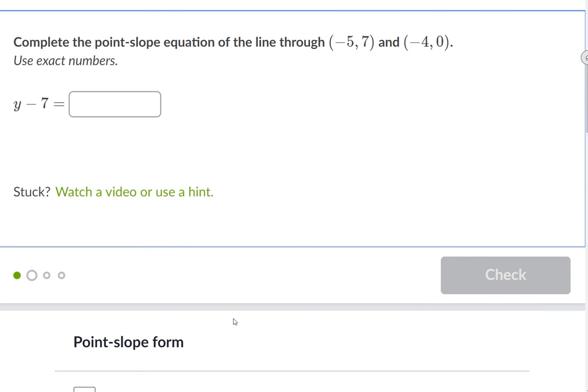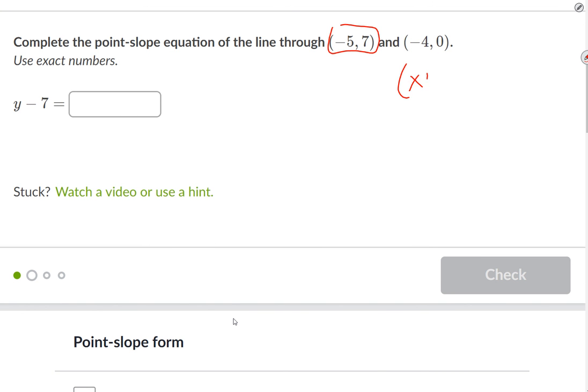So they've written in the first part, which tells us even though they're giving us 2 points, we know that eventually we're going to want to use this point. So I know in the parentheses, it's going to eventually say x plus 5, because I have to change the sign, but I need to know what goes in front of the slope. So m is equal to, subtract the y, 7 minus 0, subtract the x is negative 5 plus 4, which gives me 7 over negative 1, and what's 7 divided by negative 1?